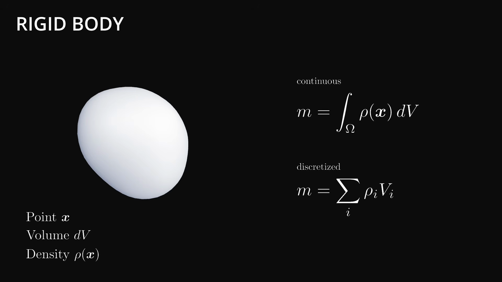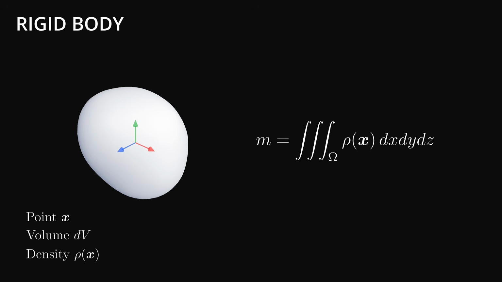Later, we need to cover a few more of such volume integrals, but with this correspondence between the continuous and the discretized version of the problem, I think it's much easier to understand. Though you might be wondering how to even perform this integration if x is our variable, but supposedly we are integrating dv, which is nowhere else to be seen. This is because the notation here is a bit of a simplification. Actually, we are integrating over the 3 dimensions of omega, and the differential dv is just dx, dy, dz.